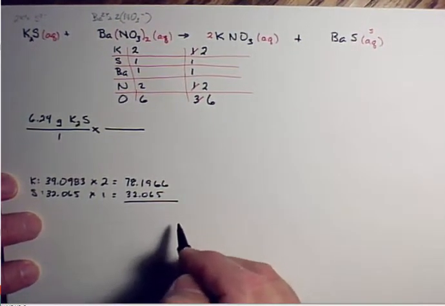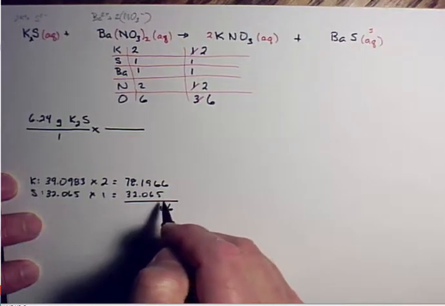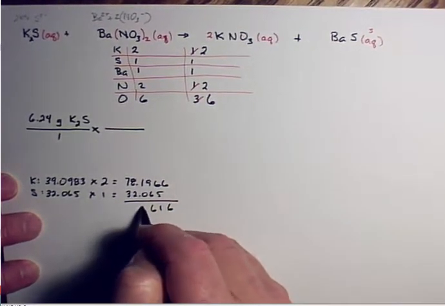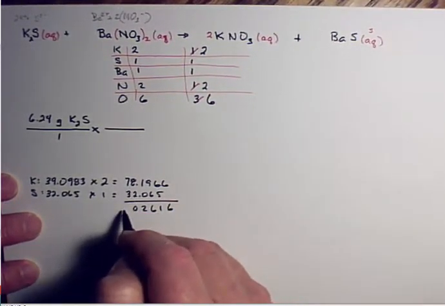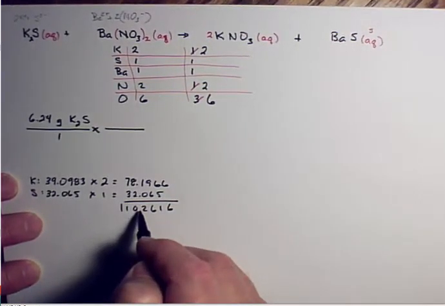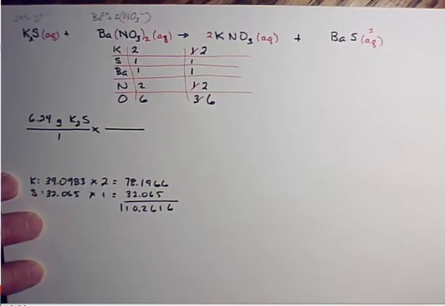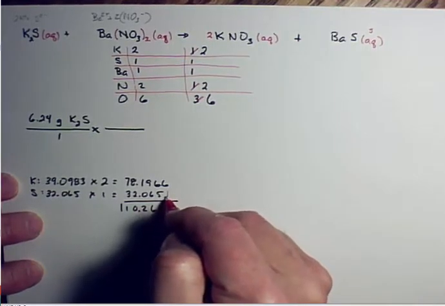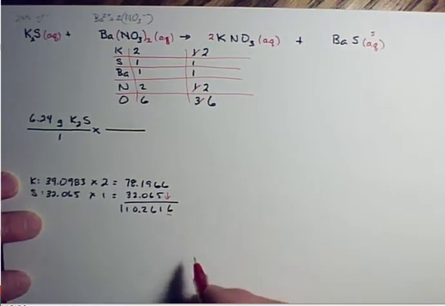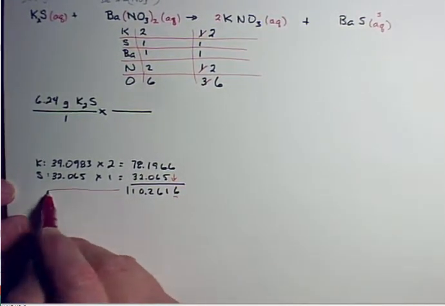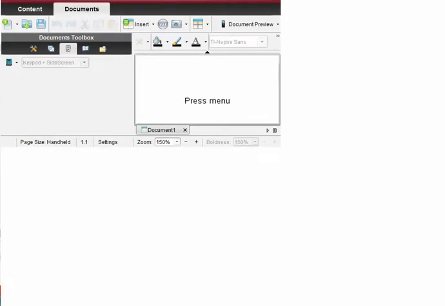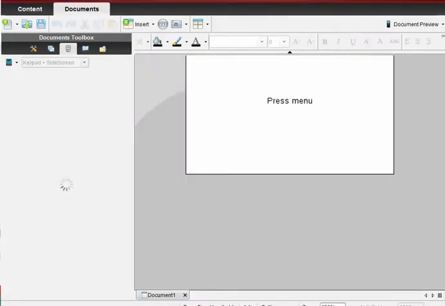We're going to add those together and get 110.2616. Is that what you got? Okay, and we've got 1 empty slot, so that number has to be rounded off. I'm going to draw an arrow, the only allowed operator to show that you're rounding off. We get 110.26, and this 6 is 5 or greater, so it rounds the 1 up to a 2.